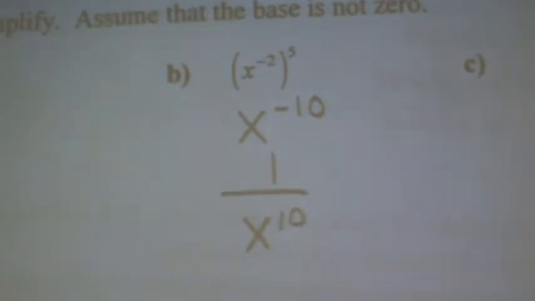Are you aware that the answers are at the bottom? Yes. How about B? 1 over x. You got it. Sam, are you good? I wrote the answers down. How about C?